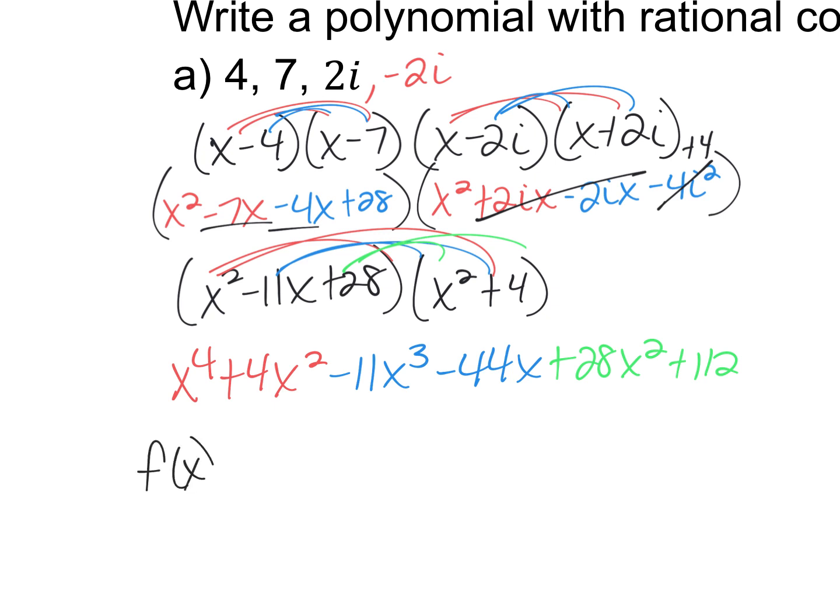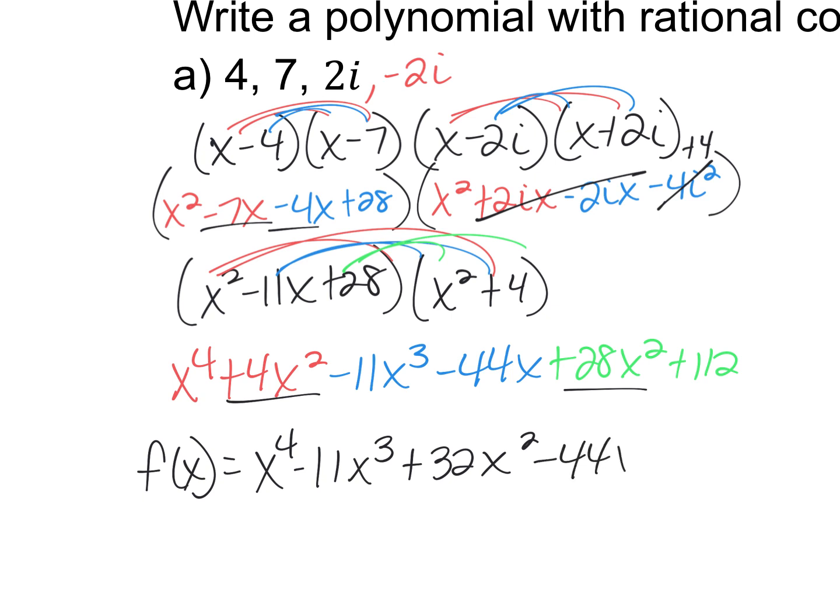We're going to have f of x equals, looks like we only have one set of like terms, sweet. So x to the 4th, oh wait, I forgot the x cubed, minus 11x cubed plus 32x squared minus 44x plus 112.